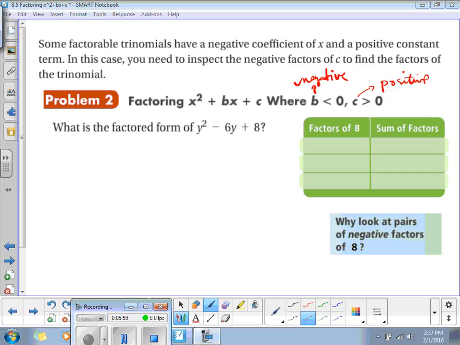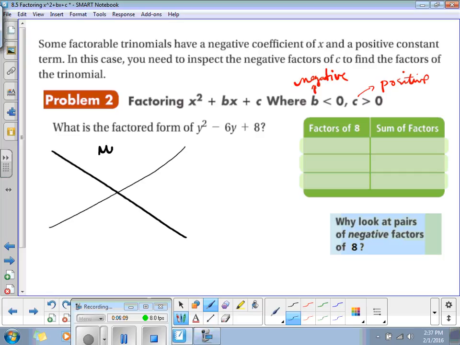All right. So again, we are going to use our x method. So when we multiply, what do we want to get? We want to get a positive 8. We want the c, right? We want a positive 8.